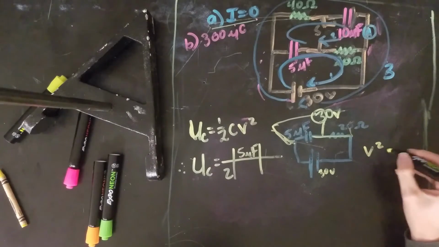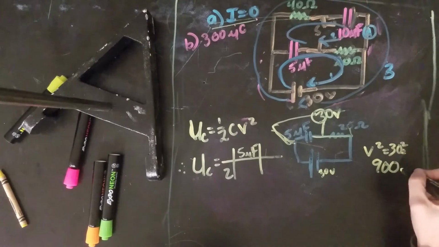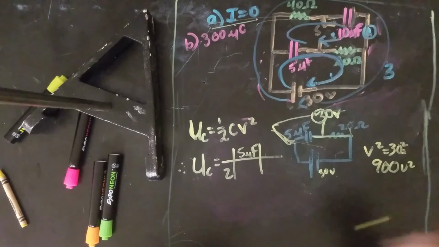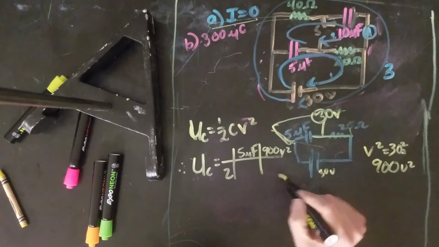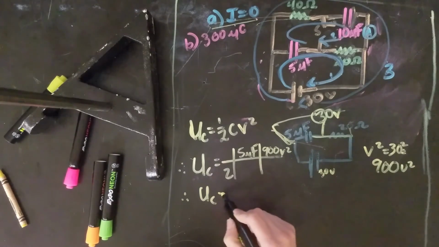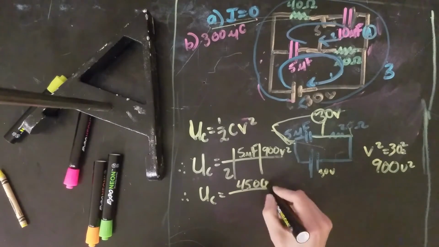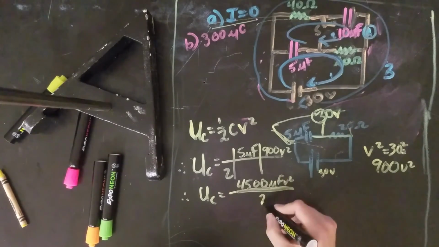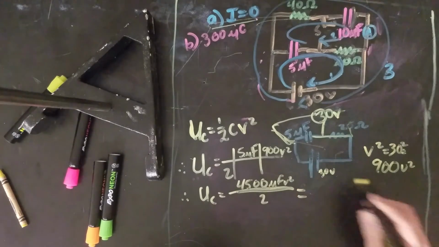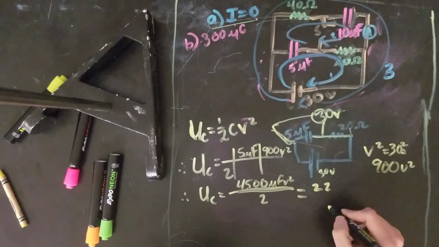So I'm going to just do V squared over here as 30 squared, and that equals 900 volts squared. So we would have up here 900 volts squared. That's going to give you 5 times 900, which is 4,500 microfarads volts squared, over 2. 2 goes into 4 2 times. 2 goes into 5, let's see, 2.5 times.